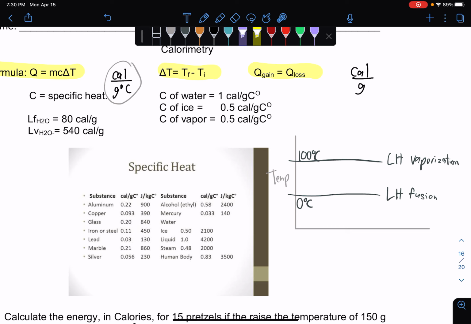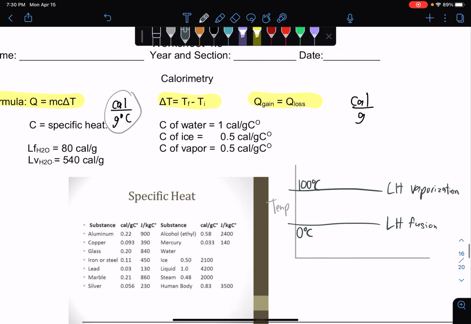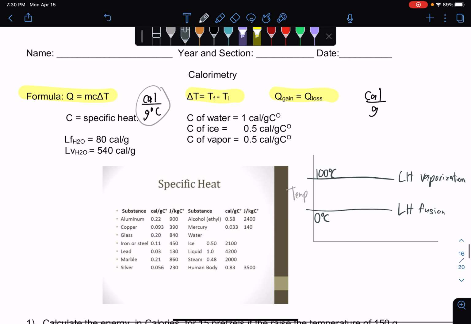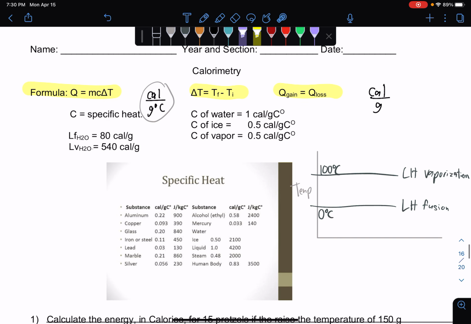I'm not sure about the reason, and I'm not saying this is the right answer, but it's probably because there is no change in temperature in either of these two. You don't really have to dwell much on that matter. Just know that these are the formulas.